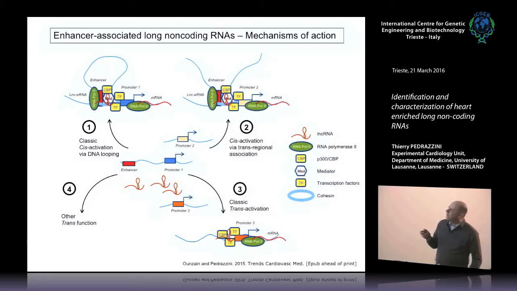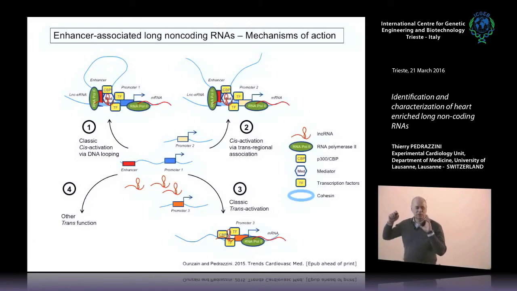Then you can have a kind of cis activation via transregional association, as I call it. So the enhancer will associate to a promoter on a different chromosome, for instance. But these two situations are very much alike. Okay, so this would also be a kind of pseudo-cis.